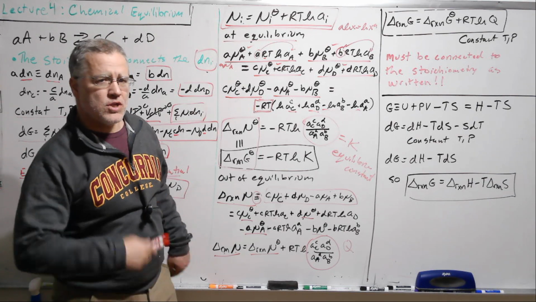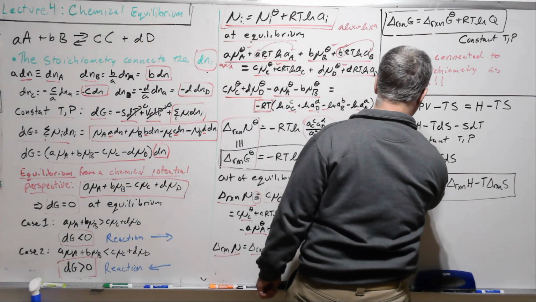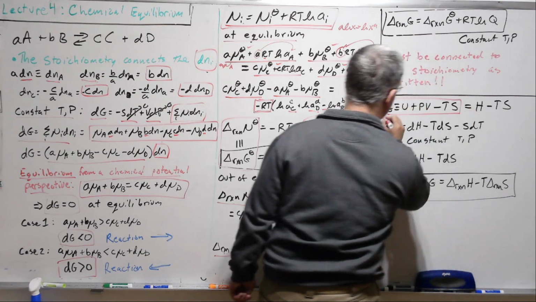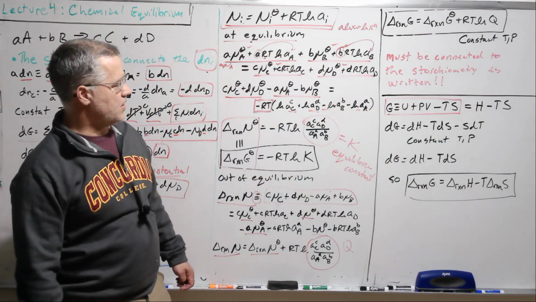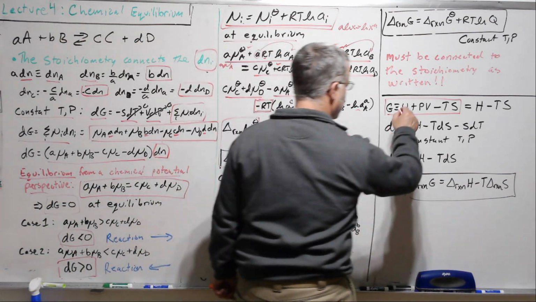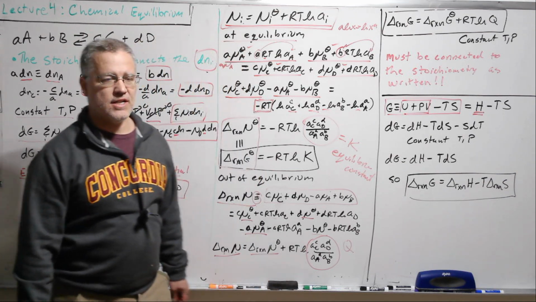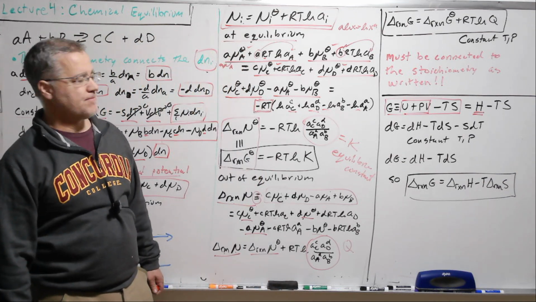Okay, let's pick up one last thing. Let's go back to our definition of G, as we've talked about leading up to this lecture. Let's notice this part of that definition. Well, that's just H, so let's call that H minus TS.